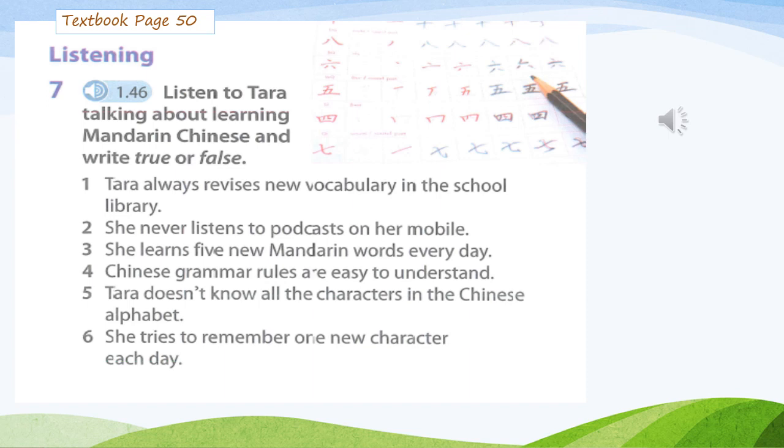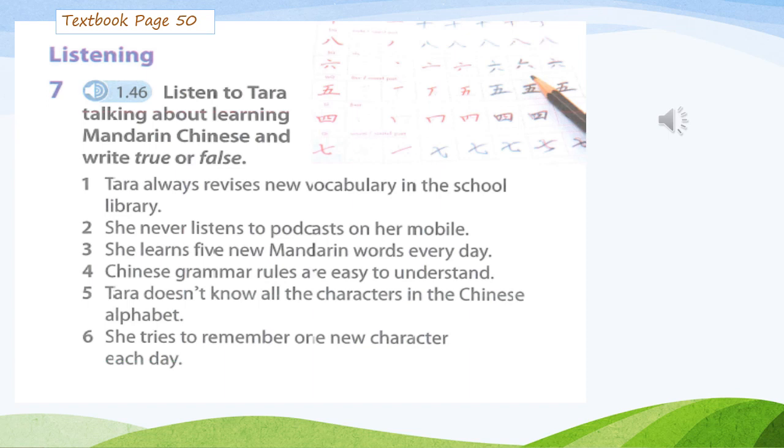In class, we listen to a new word first, then we repeat it, and we practice the pronunciation. It isn't easy. In Chinese, the same word can have a different pronunciation and it means different things.